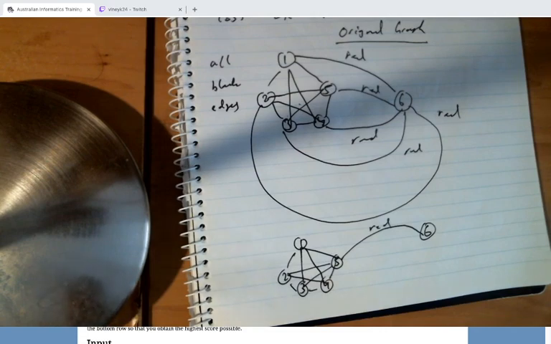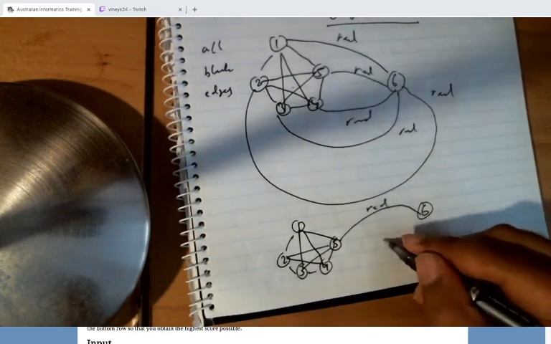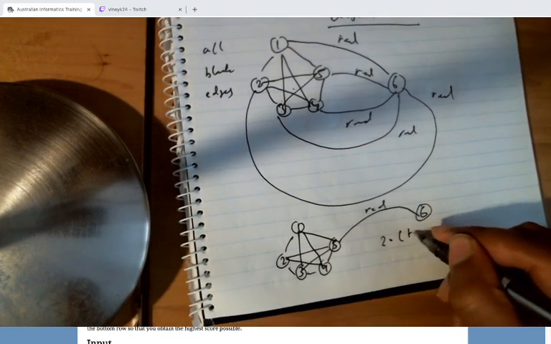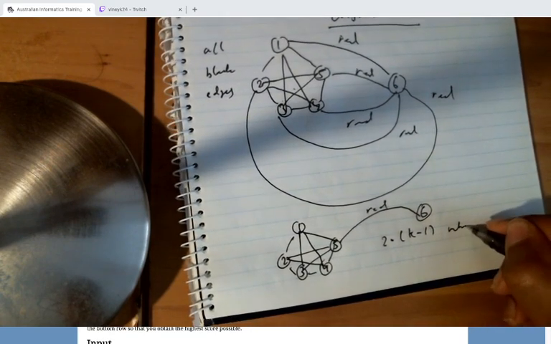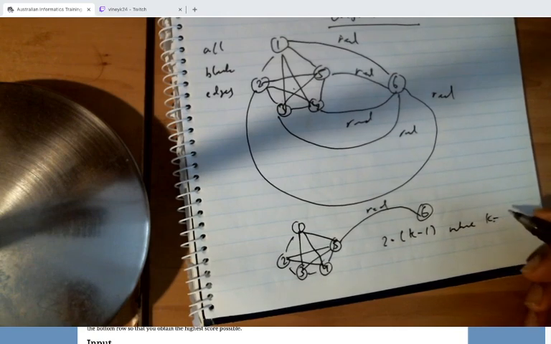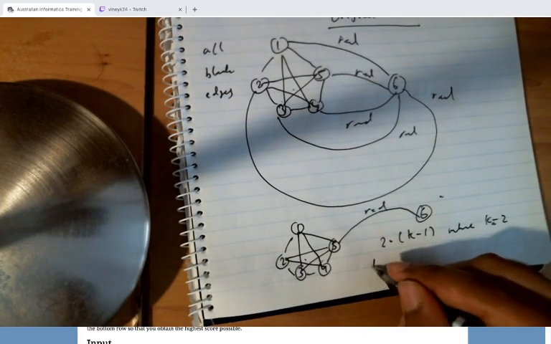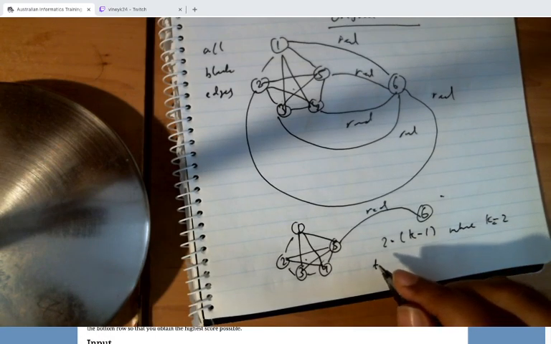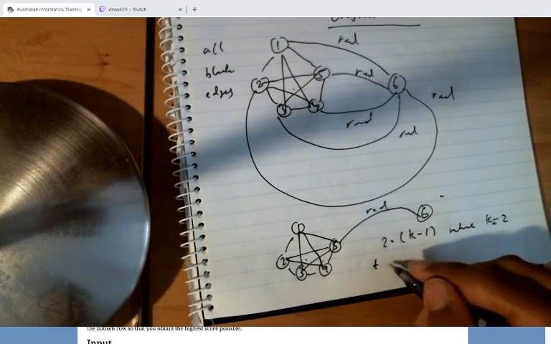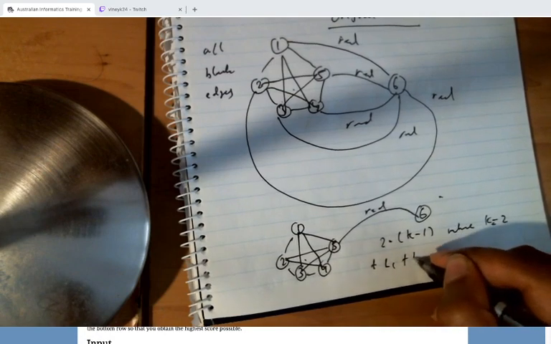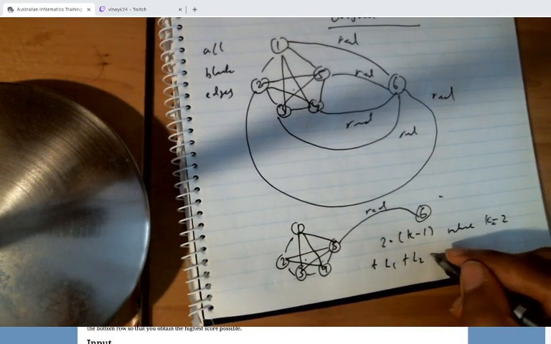So the way we do this is we add 2 times k minus 1, where k is 2 in this case, right? Because there are 2 connected components. k is the number of connected components. Plus L1 plus L2 minus 2, right?